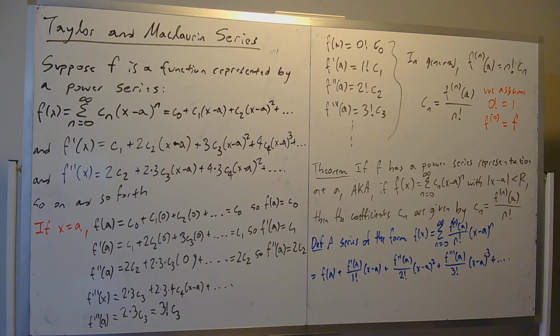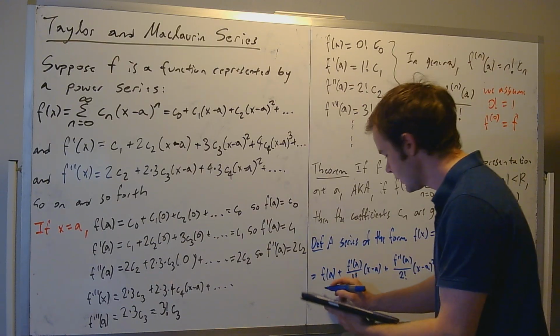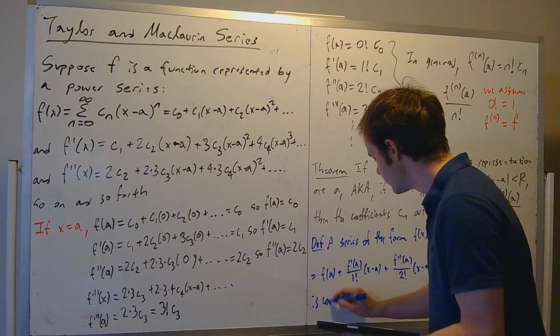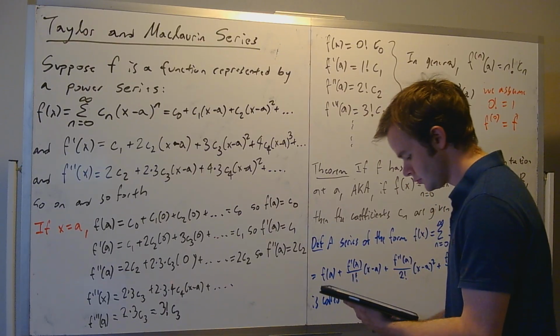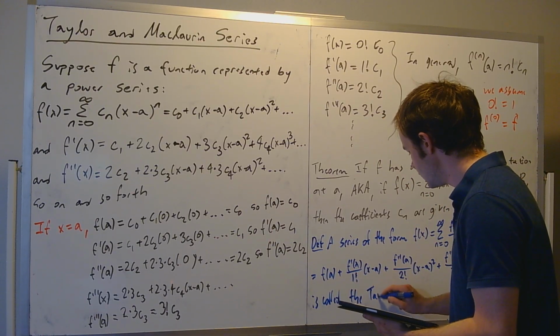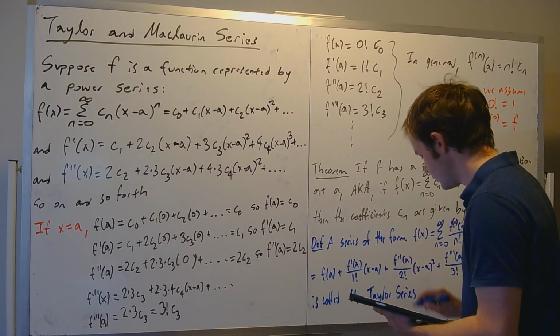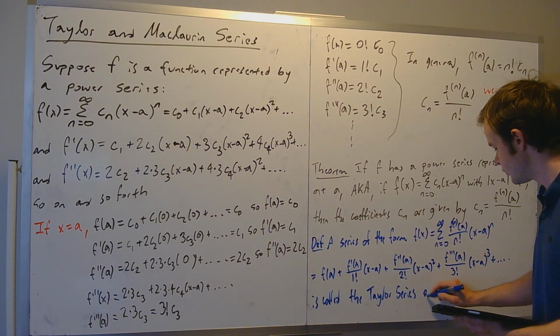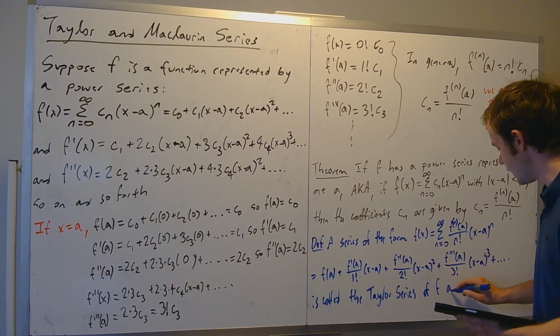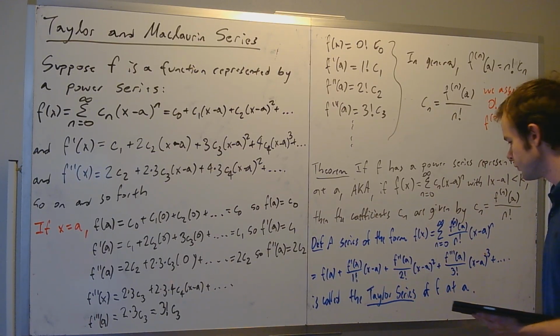If we have a series that looks like this, then a series of this form is called the Taylor series of f at a. Right.